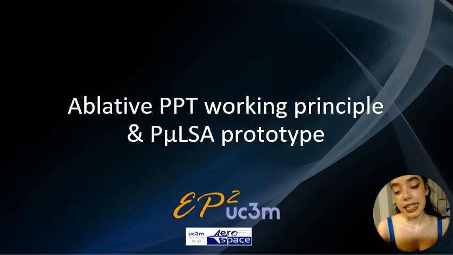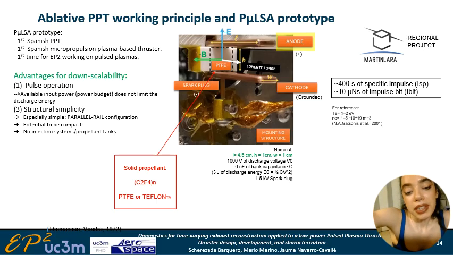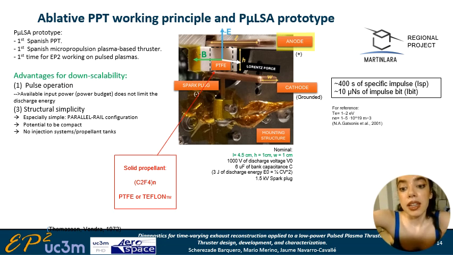And now we are going to take advantage of providing an explanation of the working principle to better understand why this is a good alternative for downscalability of a power and size budget. The advantages that make it suitable for miniaturization reside in its simple structure, the absence of an injection system, and also the fact that it operates in impulses, which makes them almost independent of the power budget.